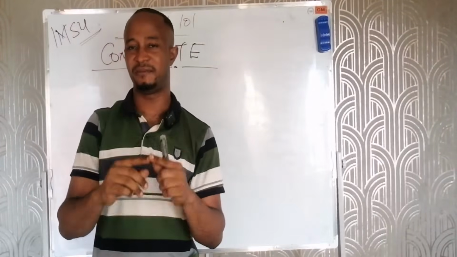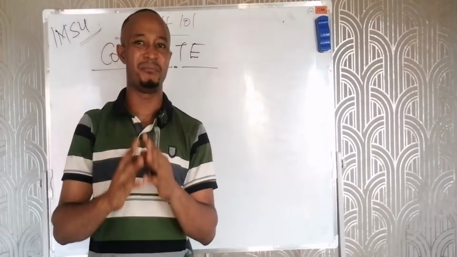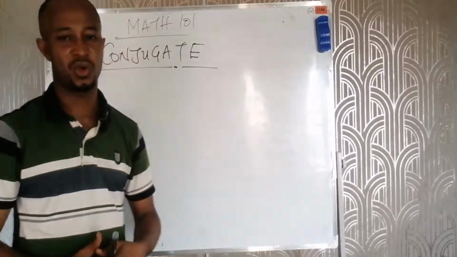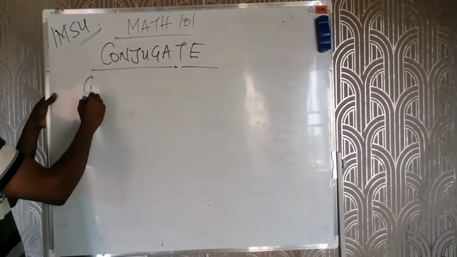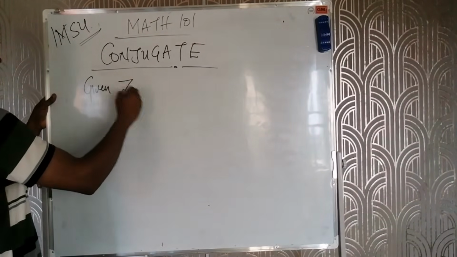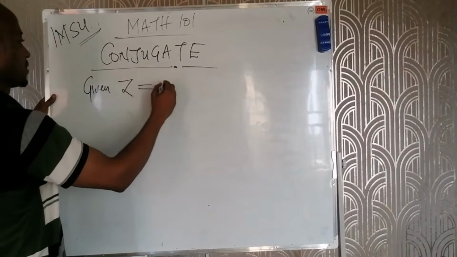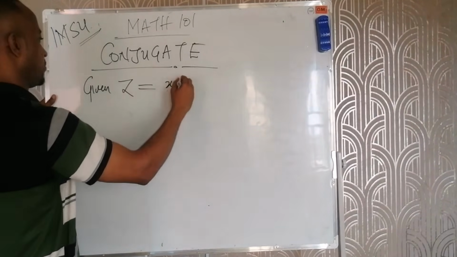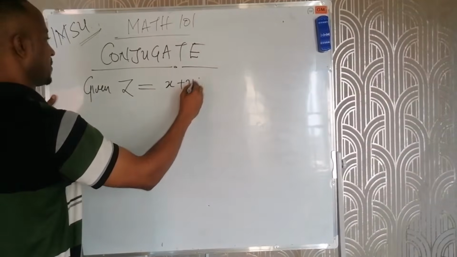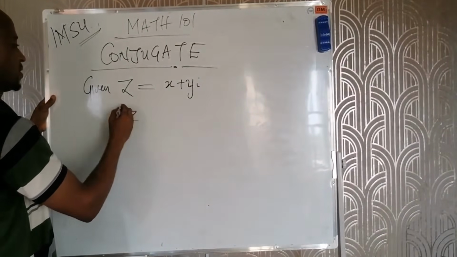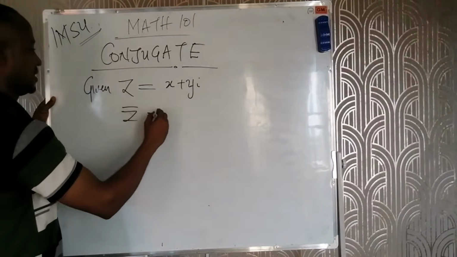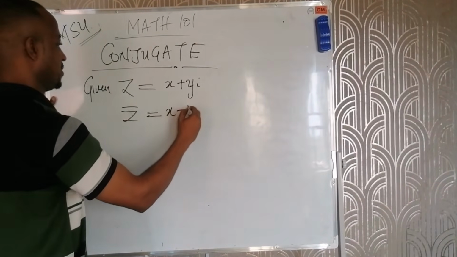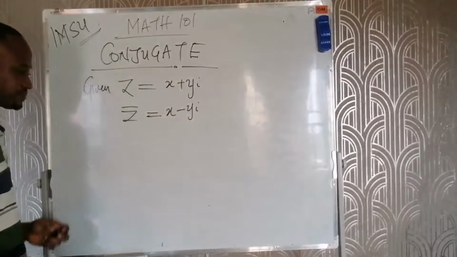For example, if z is equal to x plus yi, that means the conjugate of z, the symbol is always this, is equal to x minus yi.